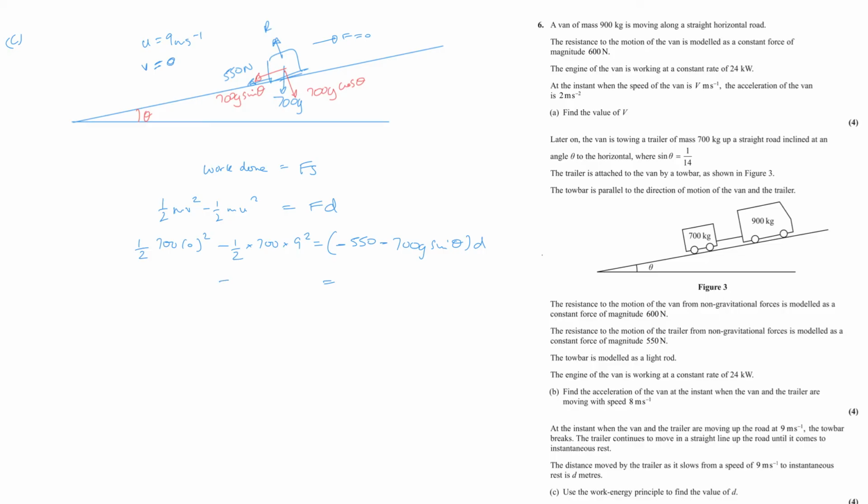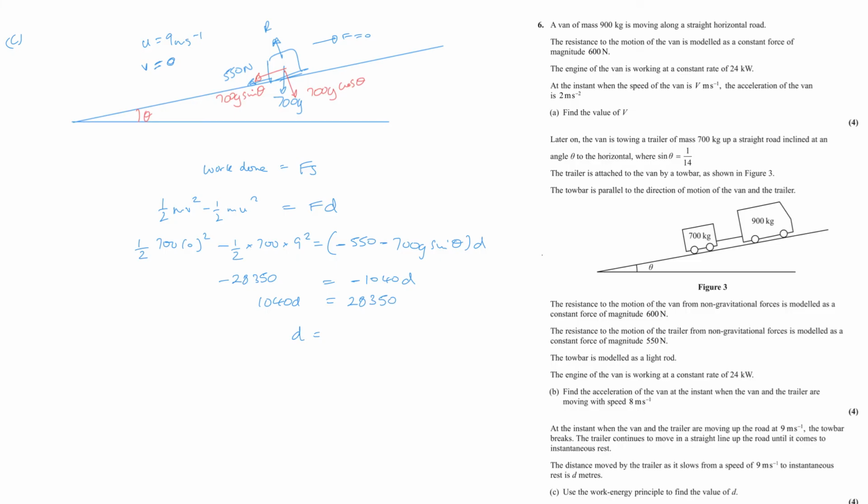So that gives me minus 28350 on the left. And we've already worked this out once with the sine theta being 1 over 14. And this is minus 1040d. So 1040d equals 28350.